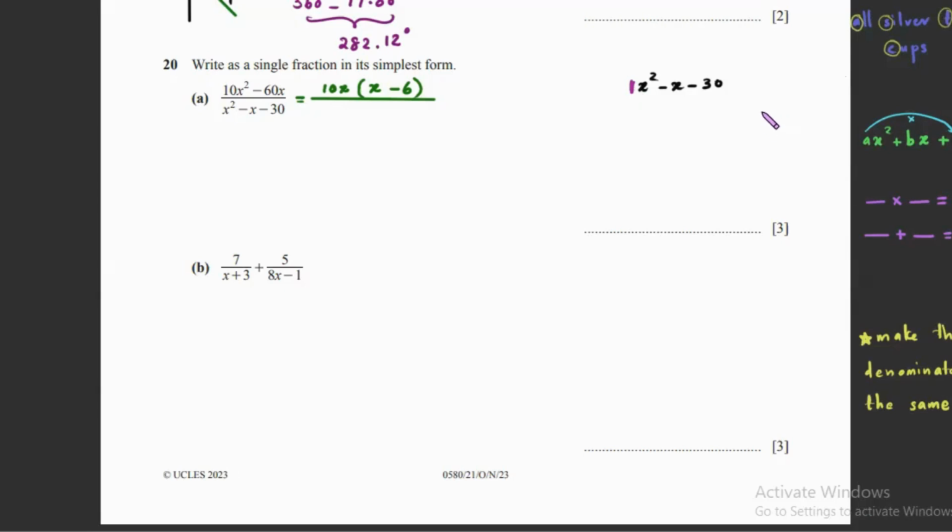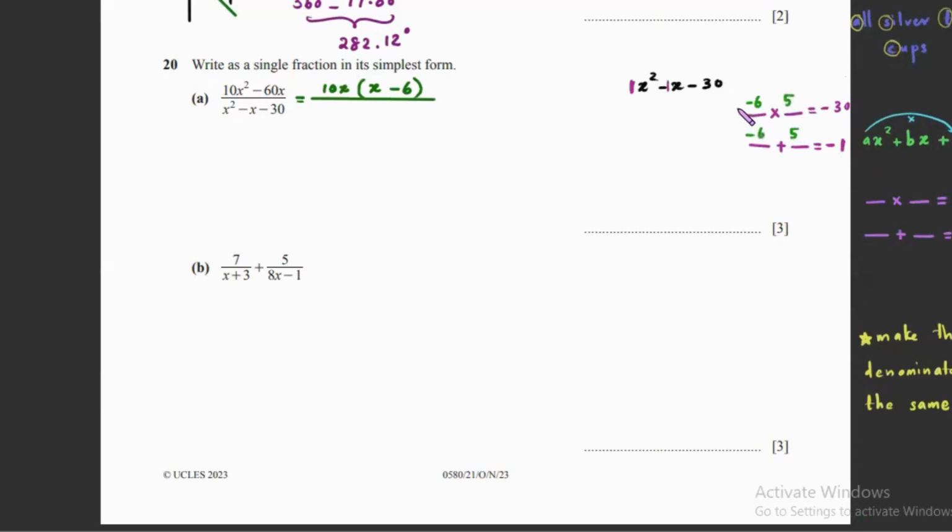We need to find the two numbers that multiply together to give the last number, negative 30, and add together to give the coefficient of x, which is negative 1. The two numbers are negative 6 and positive 5.